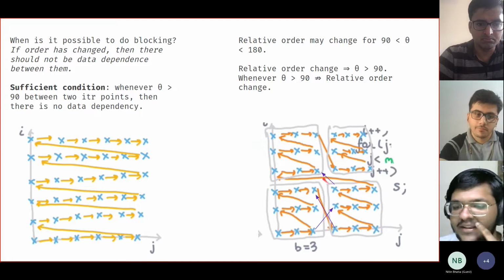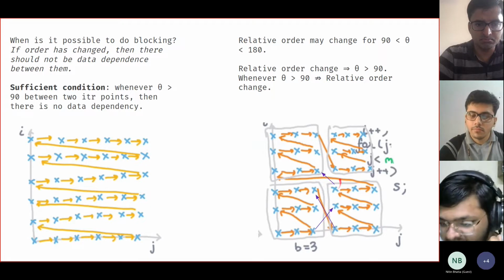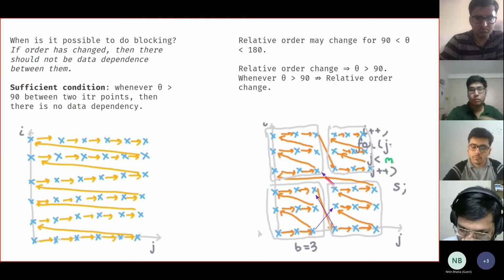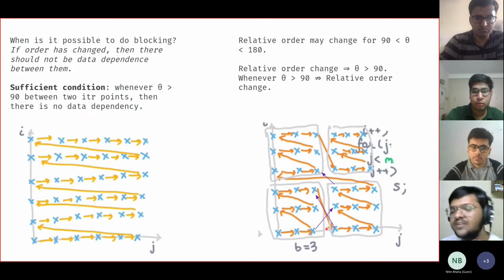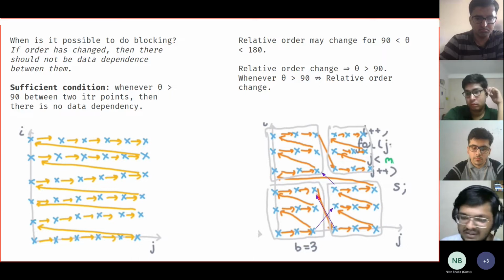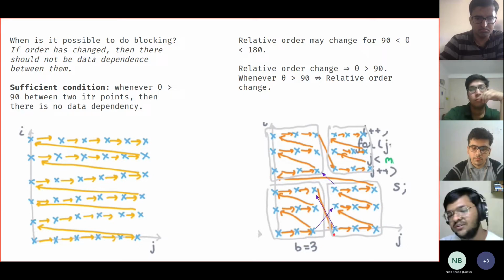But let's say those points which make an angle greater than 90 here. These 2 points have an angle greater than 90. When you do the blocking in this particular case, you can see that between these 2 points, the relative order has been changed. So for an angle greater than 90, the execution order is changing here.